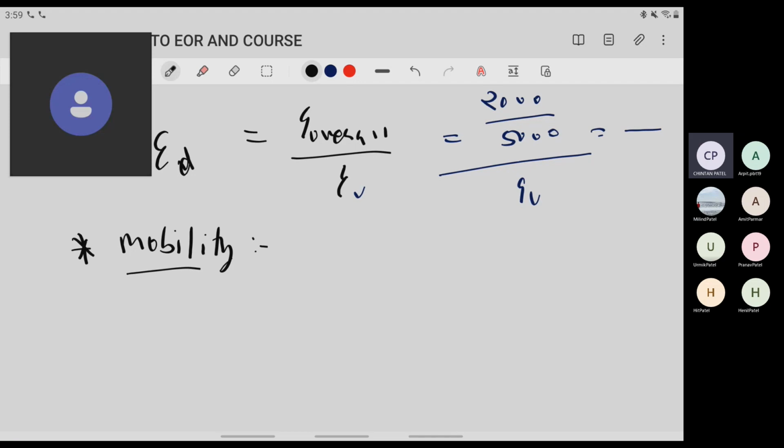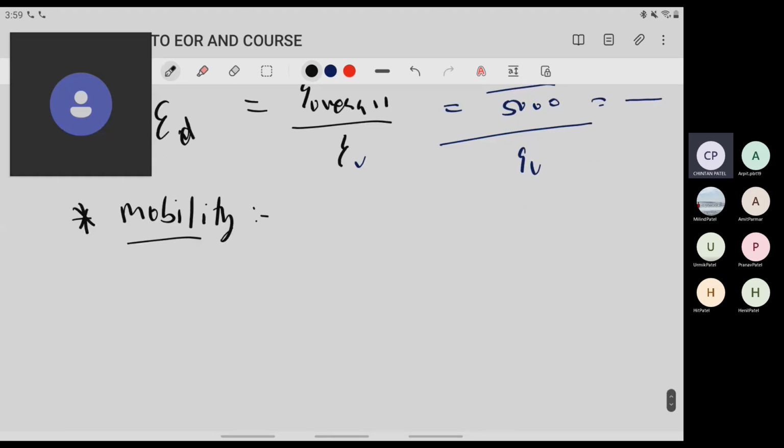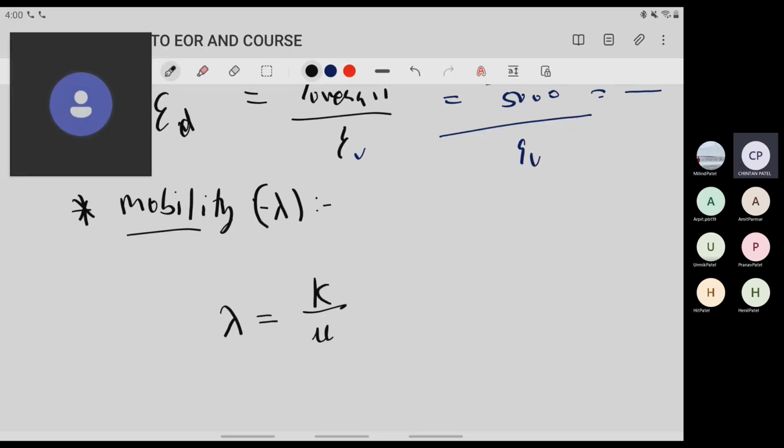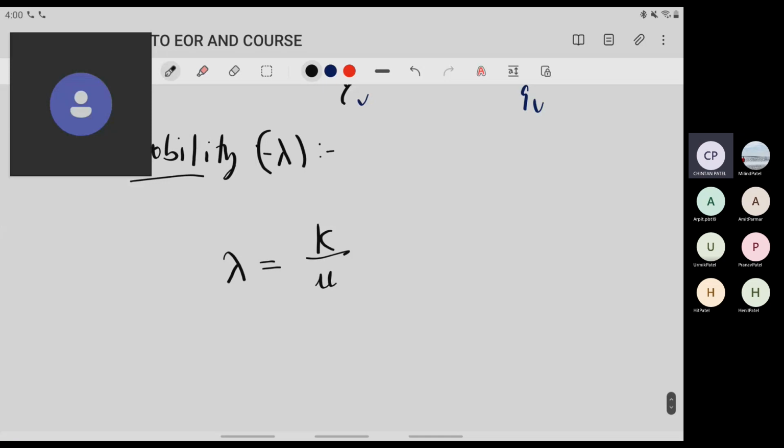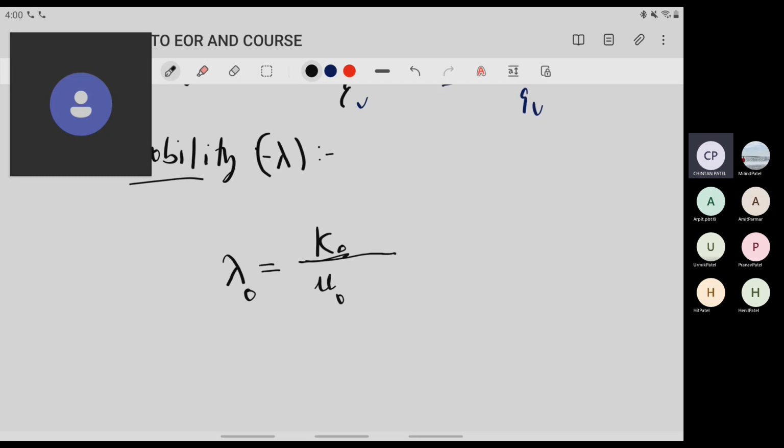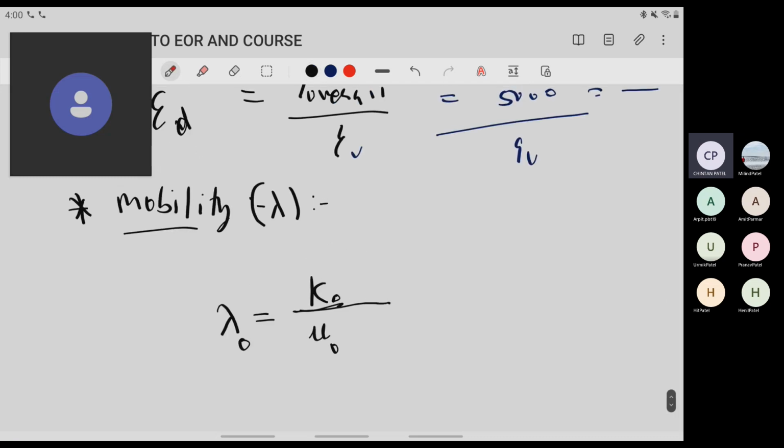What is mobility and what is mobility ratio, guys? Anybody can tell me what is mobility? We generally represent mobility with lambda. Mobility is K by mu. Good, you know. I'm considering oil, so all of this is for oil. Is it a relative permeability or absolute permeability?